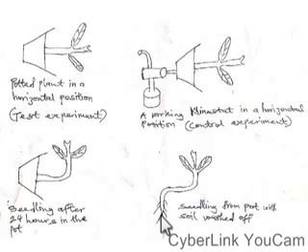That is, the roots are positively geotropic, and this movement is positive geotropism. This movement of shoots away from the gravity is negative geotropism.